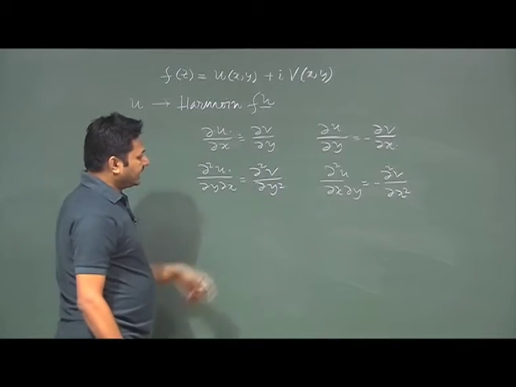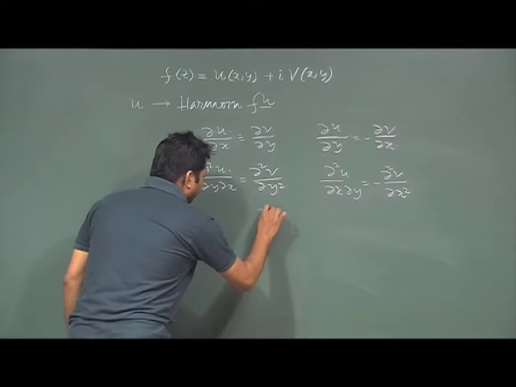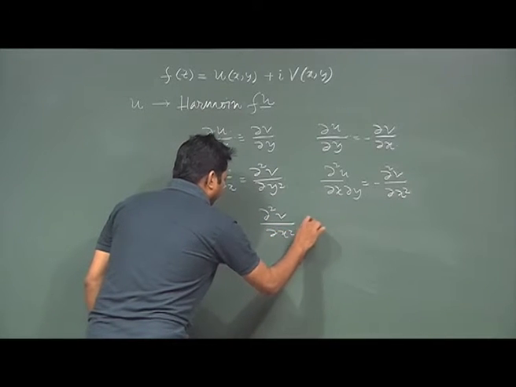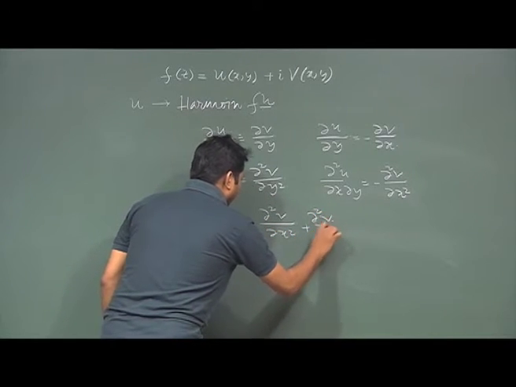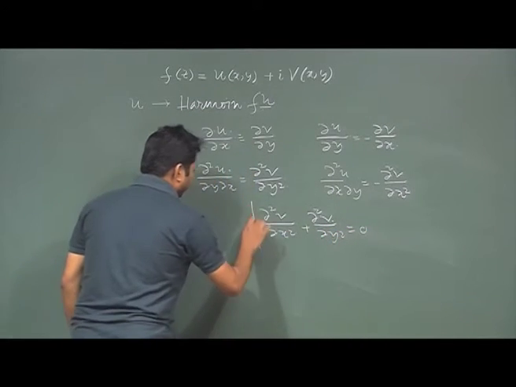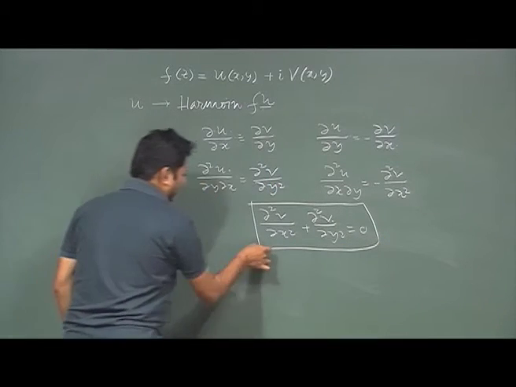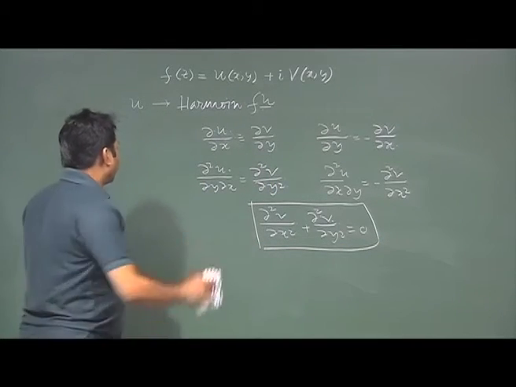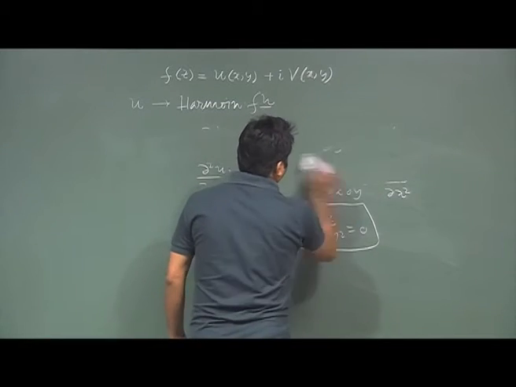And from these two equations again I can write that d2v dx square plus d2v dy square is equal to 0. Again v is also a harmonic function. So u is a harmonic function and v is also a harmonic function.